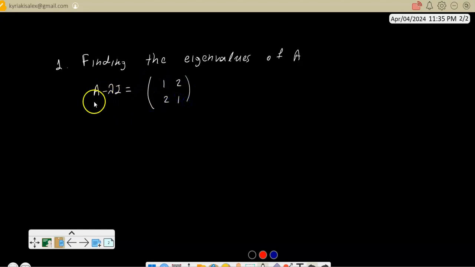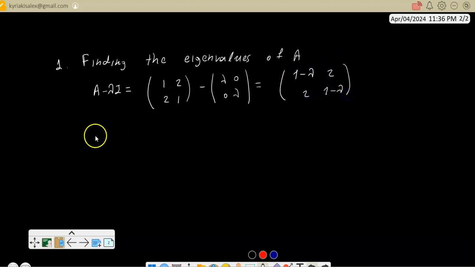We form this matrix here, which means that on the diagonal we have 1 minus lambda, 1 minus lambda, and here we have 2. The characteristic polynomial is the determinant of this matrix A minus lambda I.